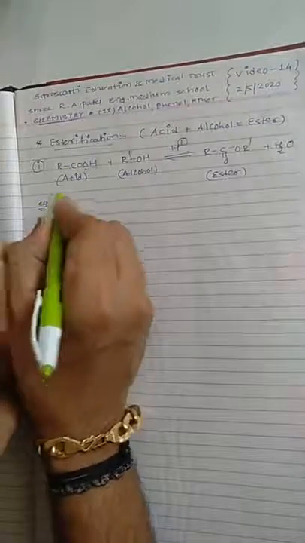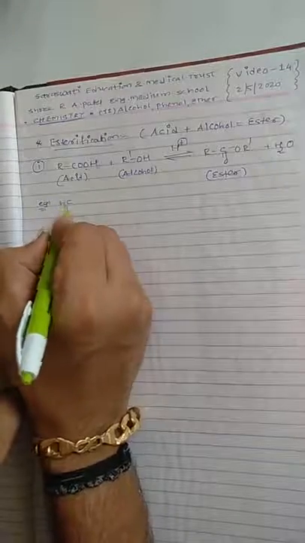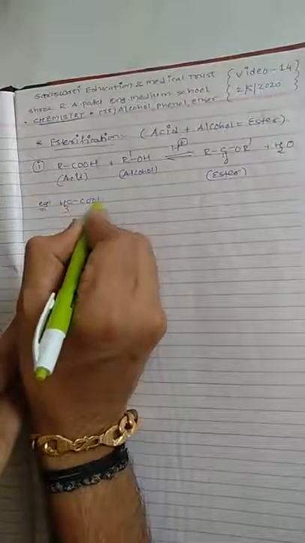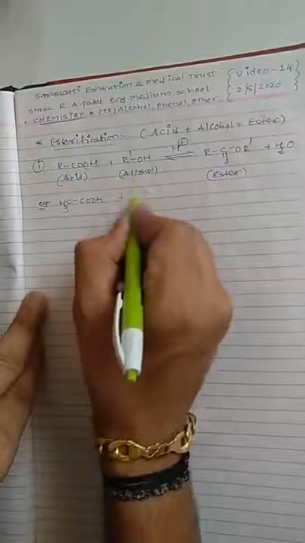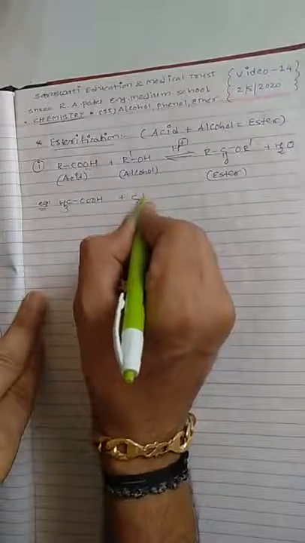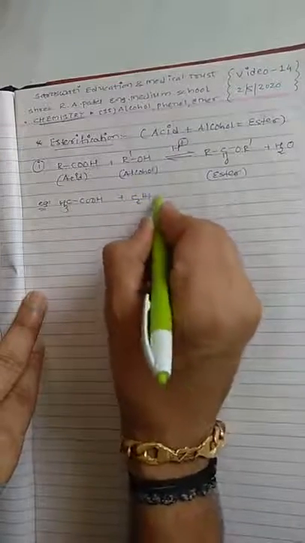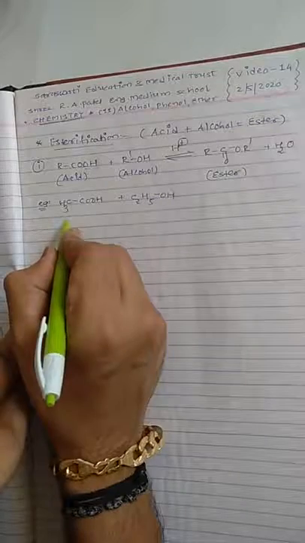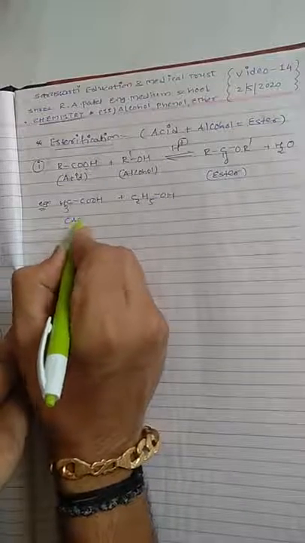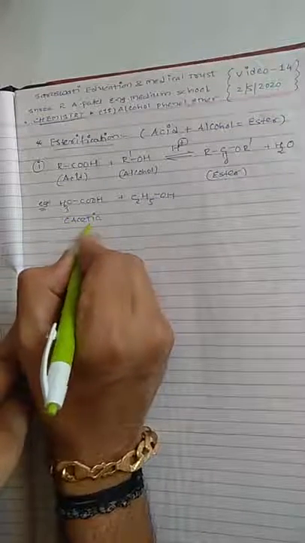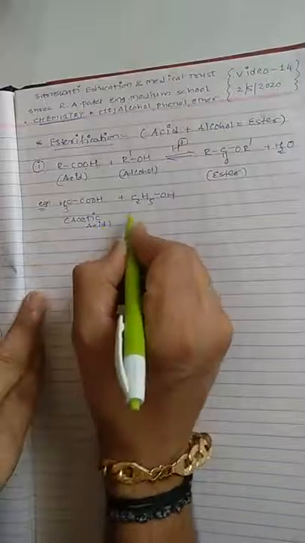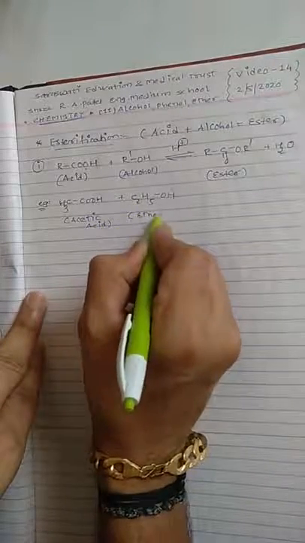As an example, instead of R, I will choose CH3, and instead of R', I will choose C2H5, meaning ethyl group. This is acetic acid and this is ethanol.